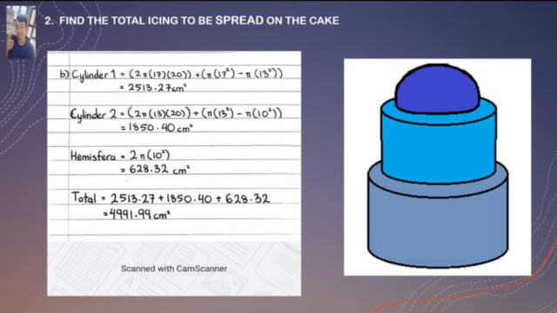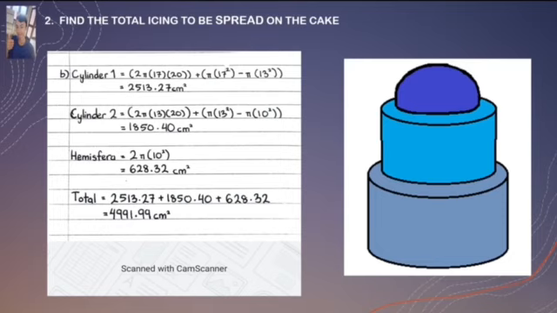For cylinder 1, we don't count the bottom area, and for the top area, we don't count the area that cylinder 2 is taking up on cylinder 1. This is because that is not an area where we can put icing. So we need to find the area of the side and the top of the cylinder where we can put the icing on.